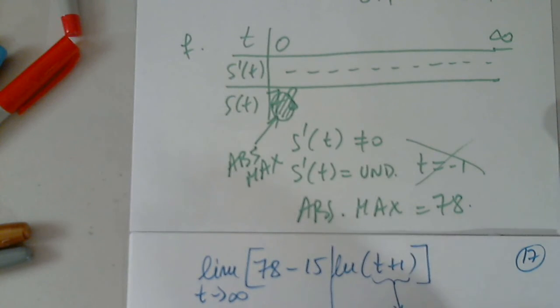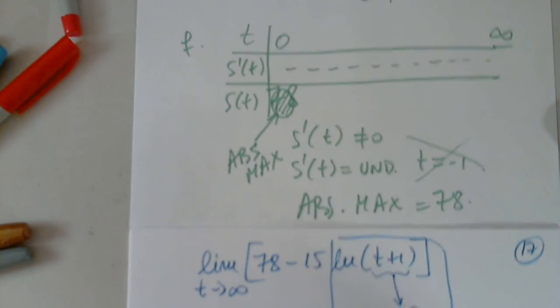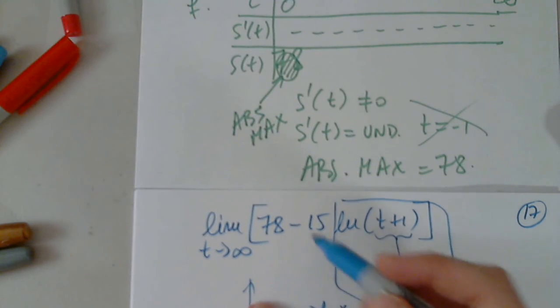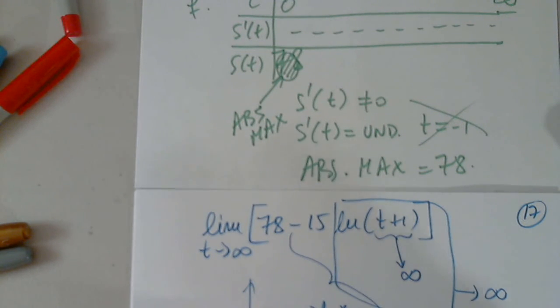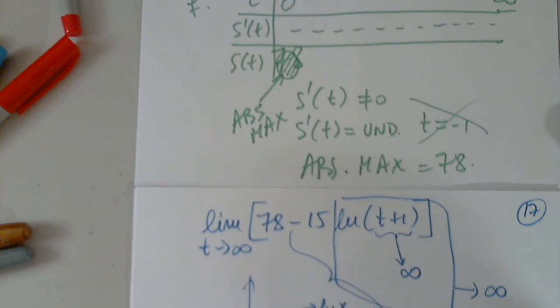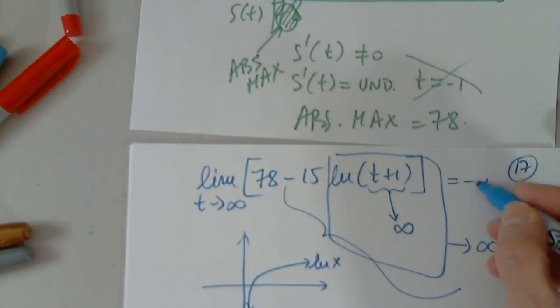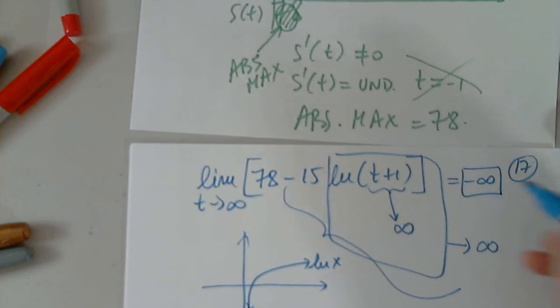So now all this piece approaches infinity. But I have -15 in front. So -15 times infinity will approach -infinity. -infinity plus 78, who cares? It is -infinity.